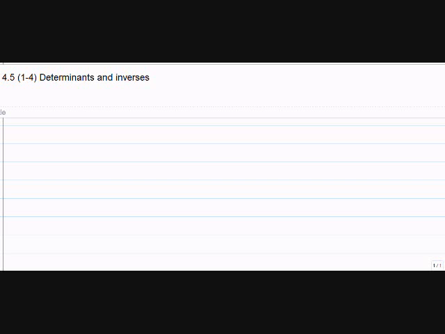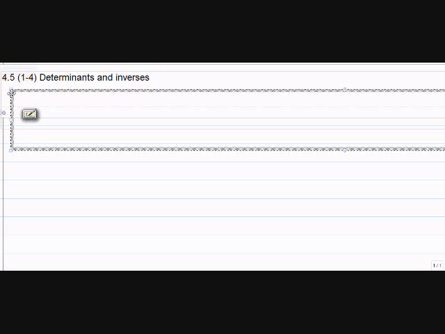Okay, so some definitions. A square matrix is a matrix where the rows and columns are the same size.